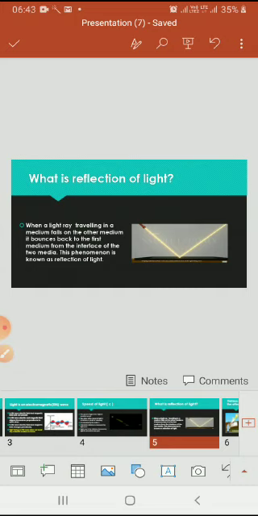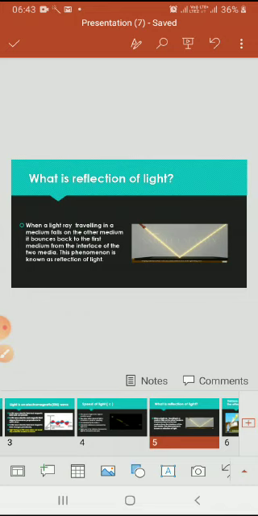Now we will mainly focus on what is reflection of light. When a light ray traveling in a medium falls on another medium, it bounces back to the first medium from the interface of the two media. This phenomenon is known as reflection of light. I can give you one example.